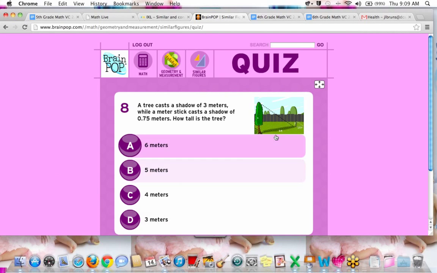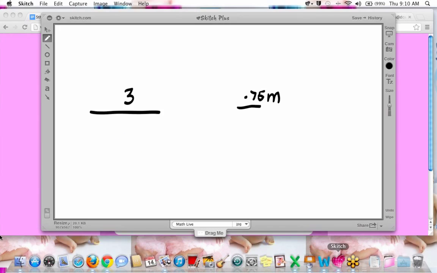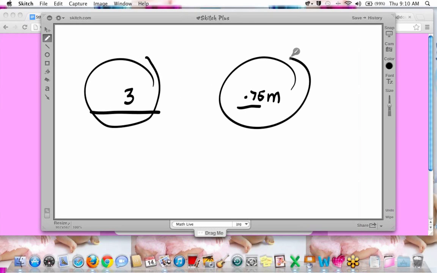So if we take what we know, we need to just basically see how much bigger this is than this. So what would I do to 0.75 to end up with 3? Well, what if I just experimented and started adding up 0.75? You just need to add 2.25.